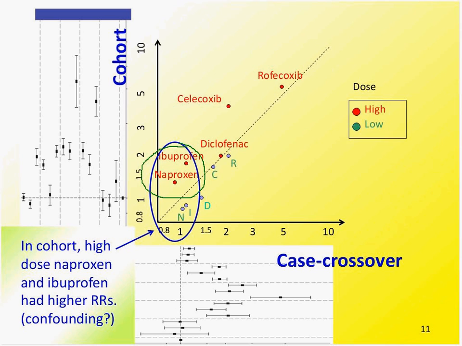And that, to me, is a sign of confounding by indication in the high-dose category, because I think we've got an amount of evidence. Anyway, it could be the opposite. It could be that high doses of these medications trigger, but it does show that slightly different hypotheses are being addressed in these two types of analyses.